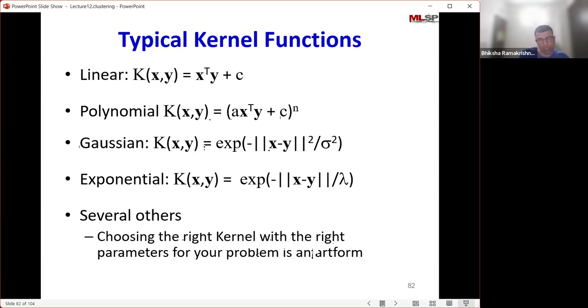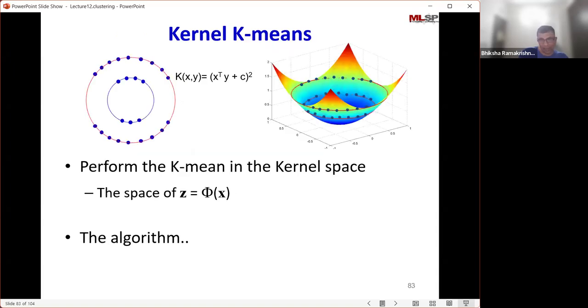And you manage to compute it without actually going into the infinite dimensional space. And for the longest time, coming up with better and better kernel functions was a cottage industry. Anyway, once we choose the kernel function, in this case, the kernel function was (x transpose y plus c) squared. So the polynomial kernel, quadratic kernel.